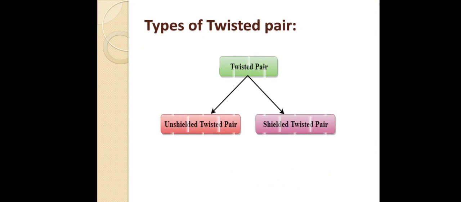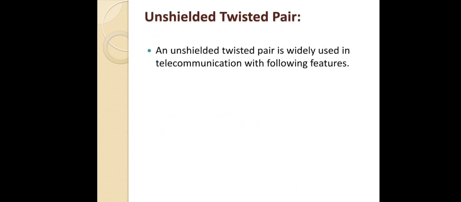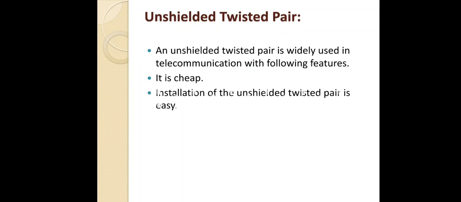Now, the types of twisted pair: actually we have two types. One is called the unshielded twisted pair, and another one is called the shielded twisted pair. An unshielded twisted pair is widely used in telecommunication with the following features. It is cheap.